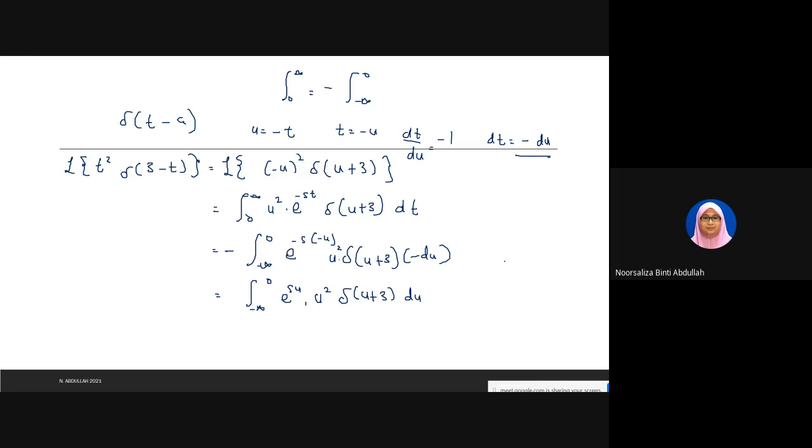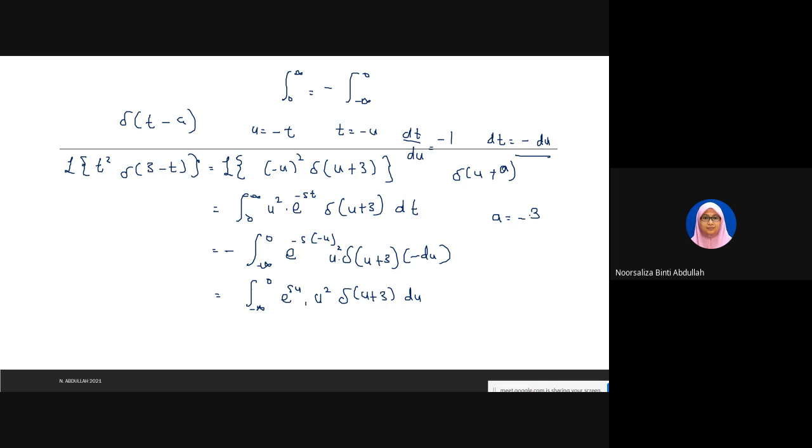From here, a equals to, from here, u plus 3, then a equals to 3. Usually delta u minus a, so if minus a, it will be a. If here is plus, this one will be negative, right?